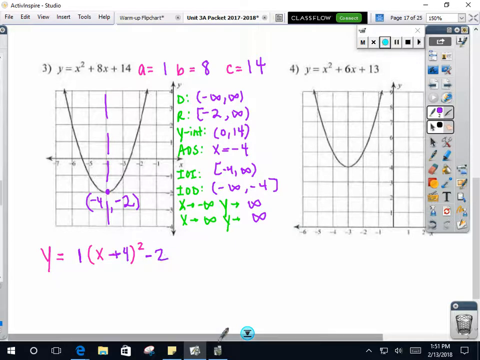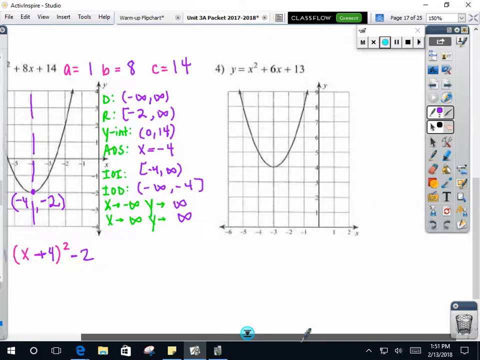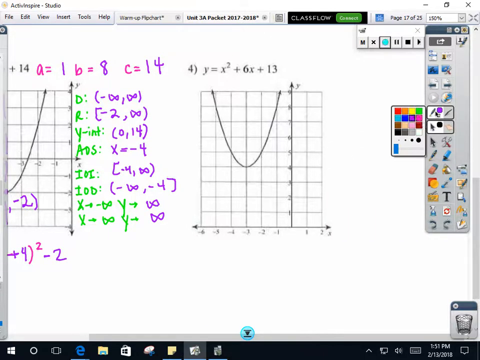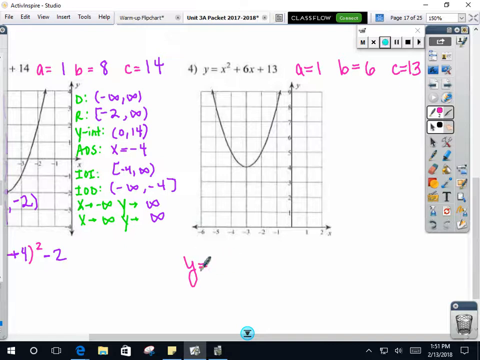All right, number 4. What's the A value? 1. What's the B value? What's the C value? Okay, so when we write this in vertex form, A is still 1.